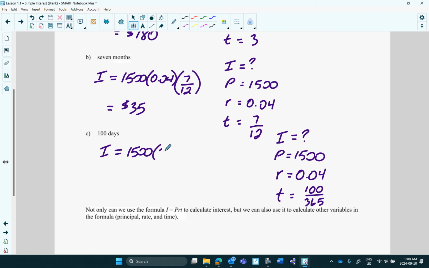So 1,500 times 0.04 times 100, and then divide that by 365, and you'll get your answer. Obviously, it's not going to be as much as the previous two because it's only 100 days, which is a little over 3 months.